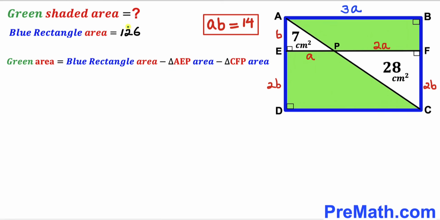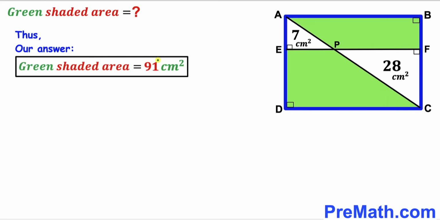The blue rectangle area is 126, triangle AEP is 7, and triangle CFP is 28. So the green shaded area is 126 minus 7 minus 28, which gives us 91 cm². Thus the area of the green shaded region turns out to be 91 cm², and that's our final answer.